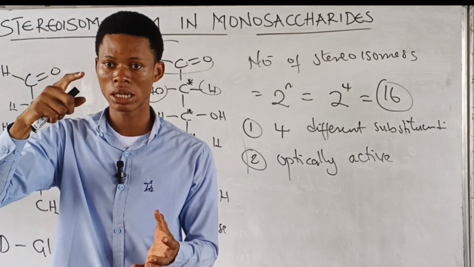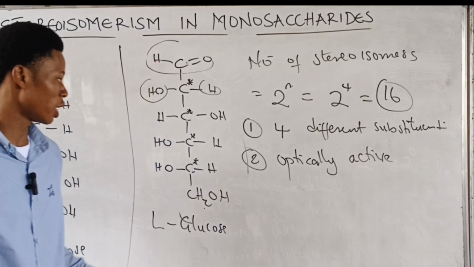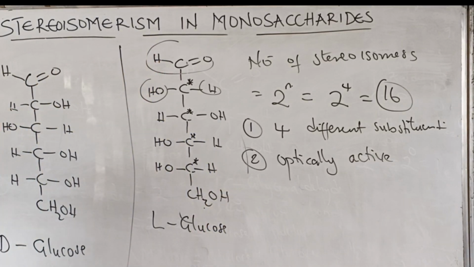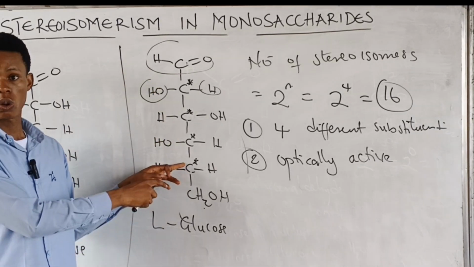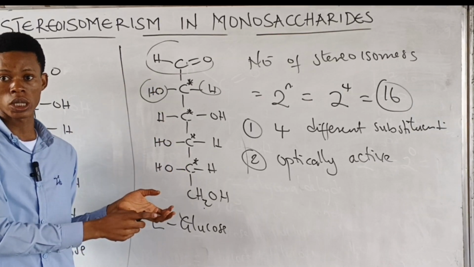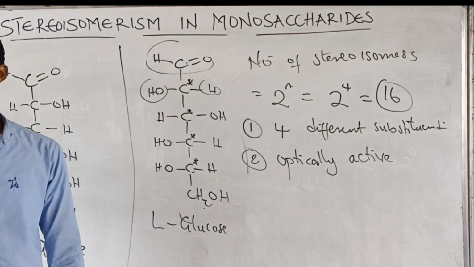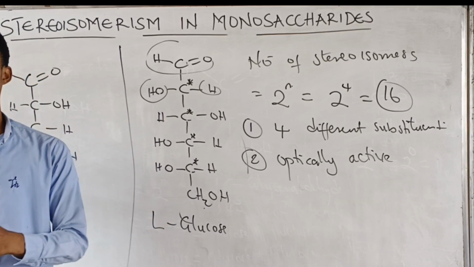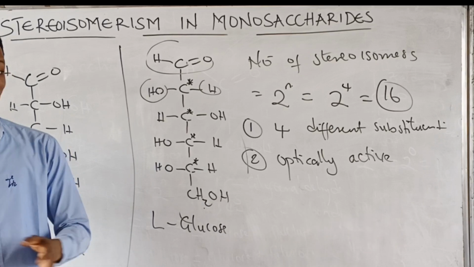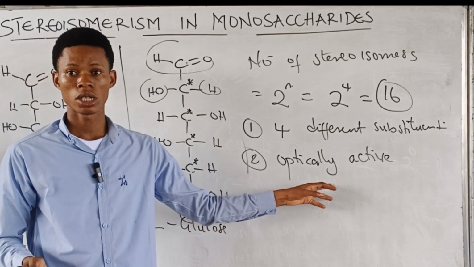But you cannot look at this compound and say that the way it is, it can rotate too. So if you want to assign here, you look for the carbon that has 4 different substituents. But the 2 rules in assigning a chiral carbon are 4 different substituents and rotating plane polarized light. That is, optically active. Is that understood?